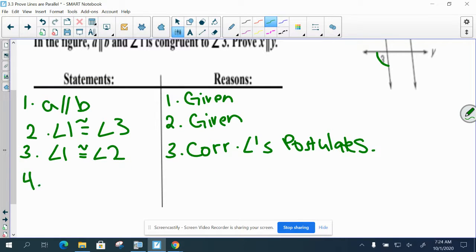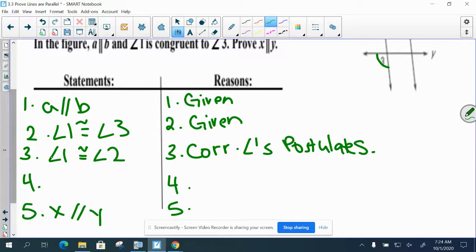I said there were 5 steps. And on the 5th step, we want to say that line X is parallel to line Y. So you can go ahead and put that there. What could we say for step 4? Well, look at 2 and 3. We can take the fact that angle 1 is congruent to angle 3, and angle 1 is congruent to angle 2, and say that angle 2 is congruent to angle 3 by transitive property.